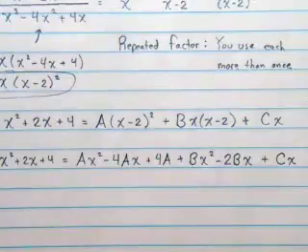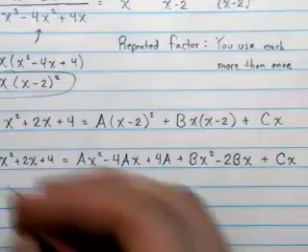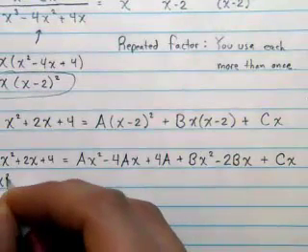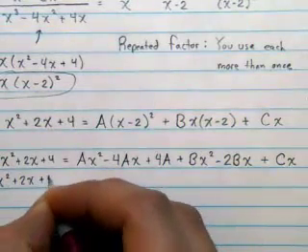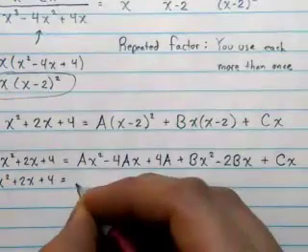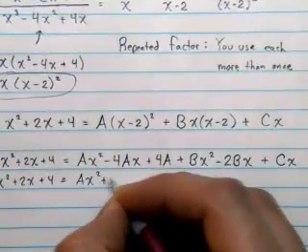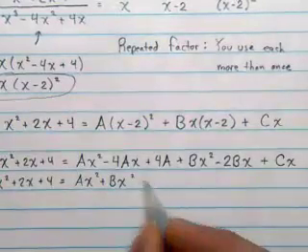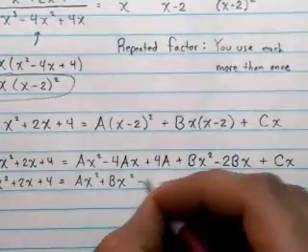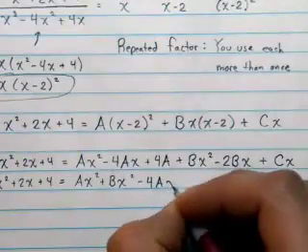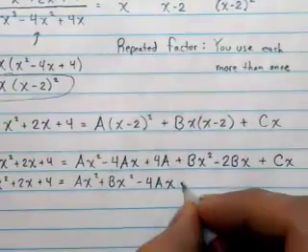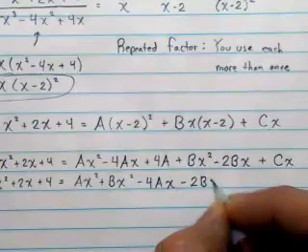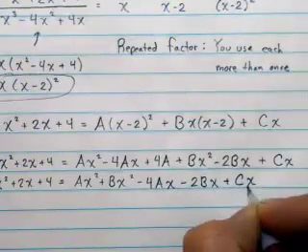And then we kind of grouped them based on x squared, x, and constants. So negative x squared plus 2x plus 4 equals ax squared plus bx squared. And then all the terms that have x in them, minus 4ax minus 2bx plus cx.